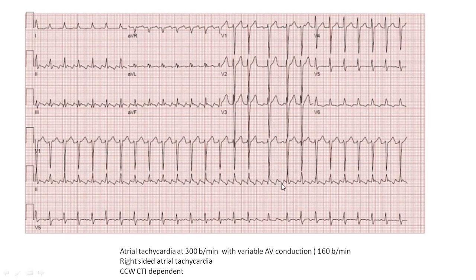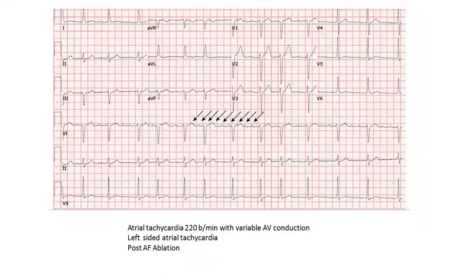So this is a discordant P wave, and this is a right-sided atrial tachycardia. If you say that this is a right-sided atrial tachycardia, this is more than enough. But since it is an untouched atrial tachycardia without medications, you see a classic flutter image. So it's a counterclockwise CTI-dependent right-sided flutter, right?